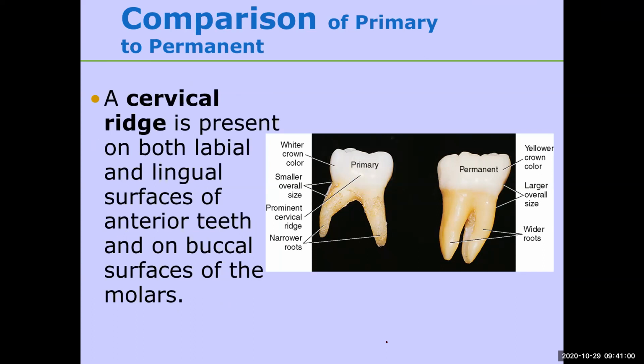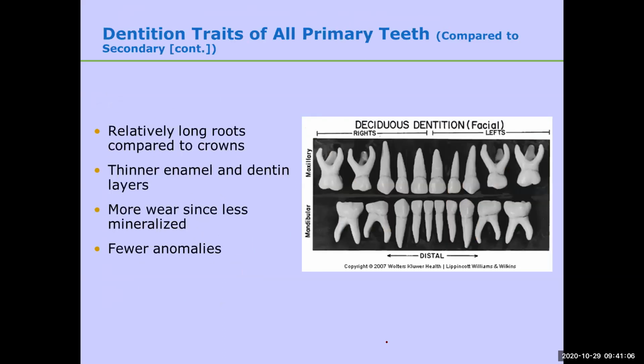They're very curvy. They have relatively long roots compared to the crowns. The enamel is thinner. They have more wear, attrition, because they're less mineralized. And for the deciduous teeth, there's fewer anomalies.